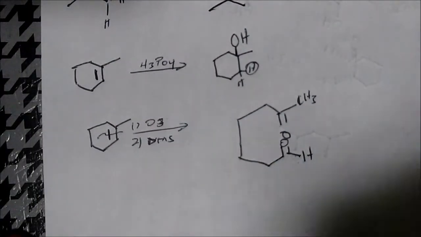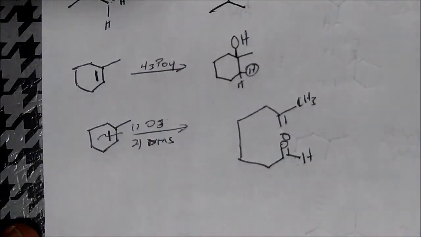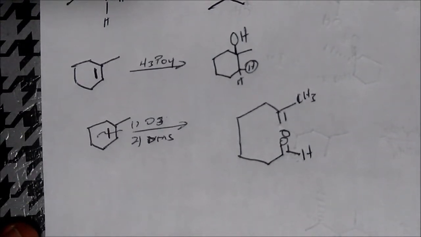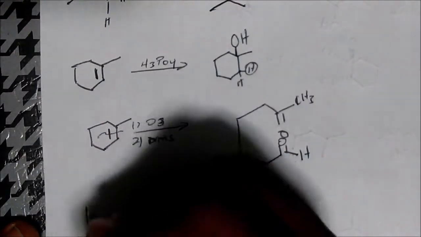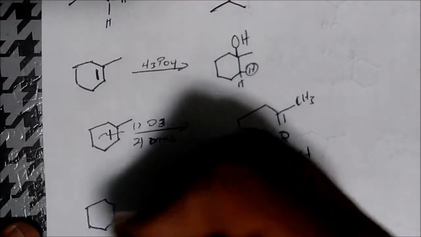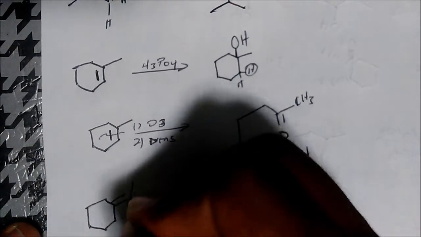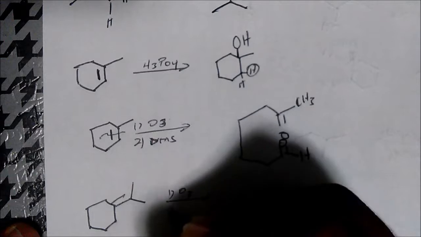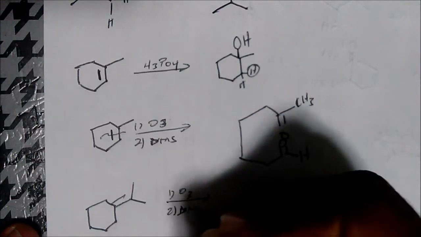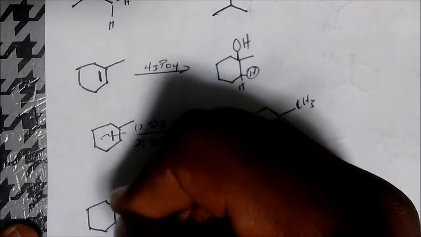So anytime you have a cyclohexane ring, anytime you have a ring, you will get one product with two different functional groups. But suppose you have something like this, right? And you added the same reagent. Notice how you get two different products.